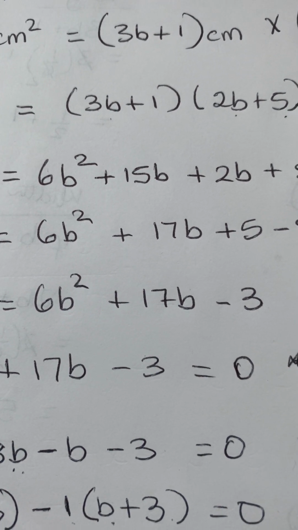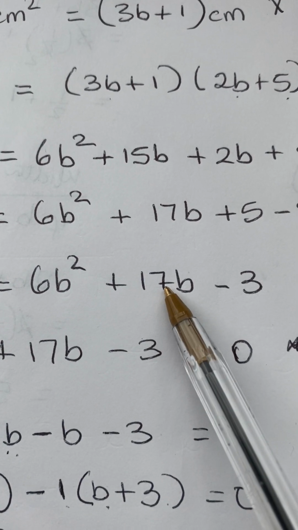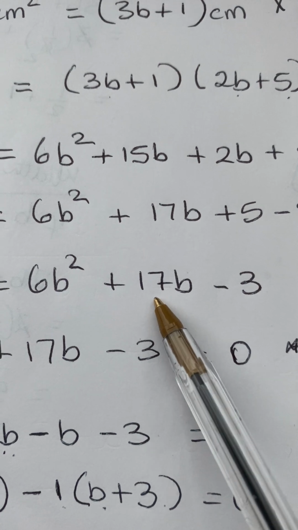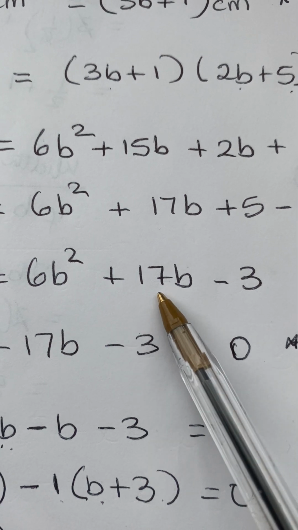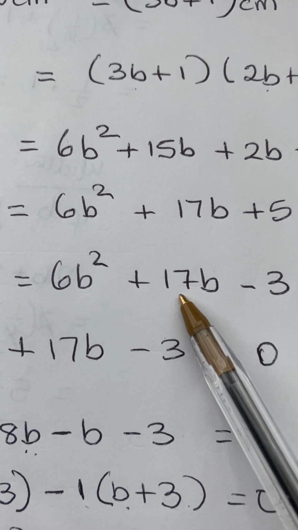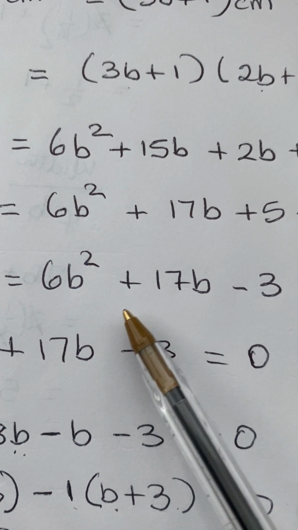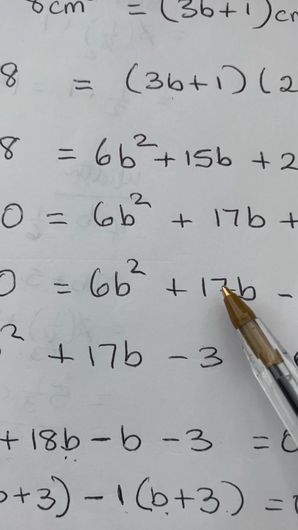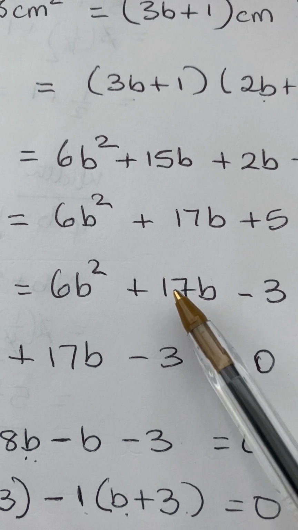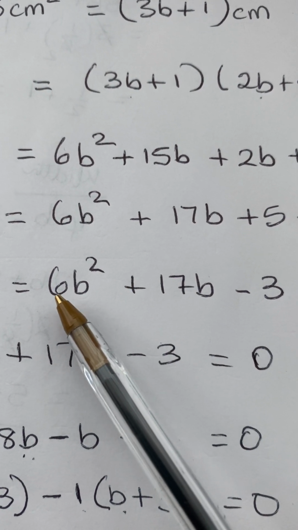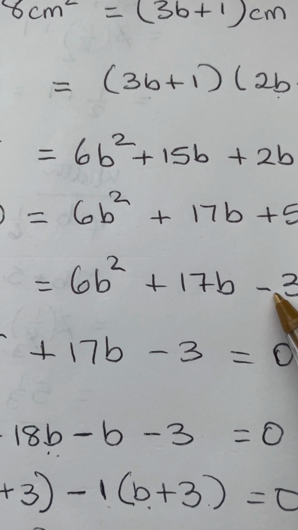We want two numbers that, when you add them together, you get 17. The only two numbers are positive 18 and minus 1. They add up to 17, and when you multiply them, you get minus 18.